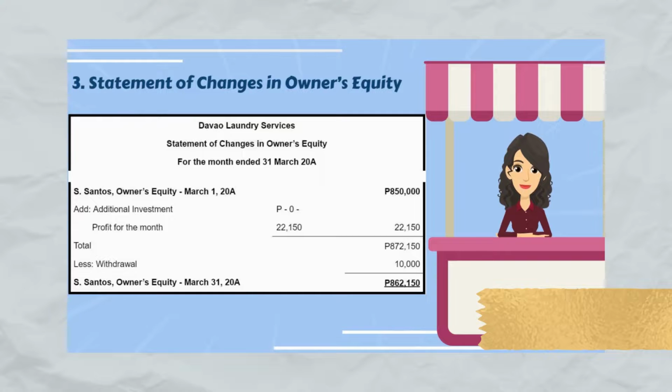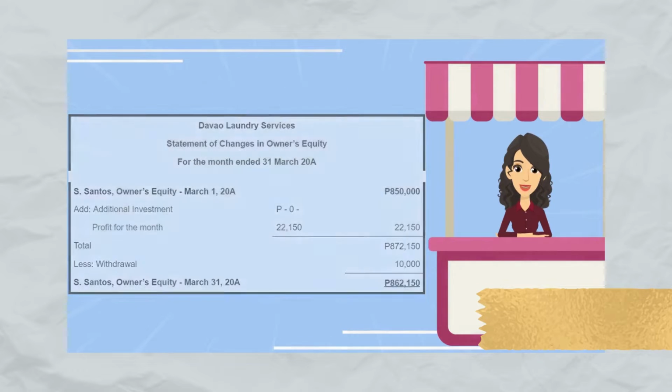The statement of changes in owner's equity answers the question, what caused the increase in owner's equity of S. Santos from 850,000 to 862,150? Looking at the statement of changes in owner's equity, we say that the beginning equity of Mr. S. Santos in the amount of 850,000 has increased to 862,150 caused by the results of operations.